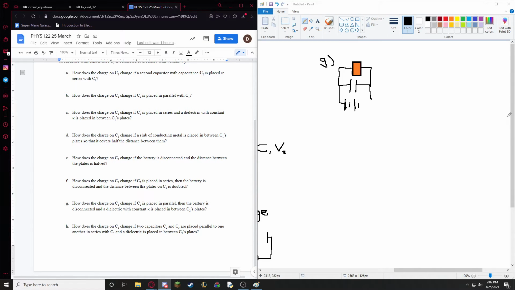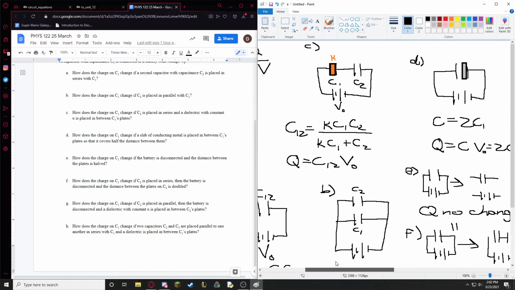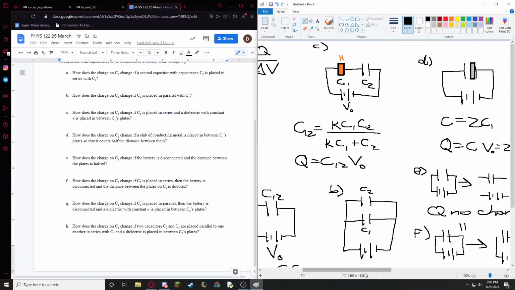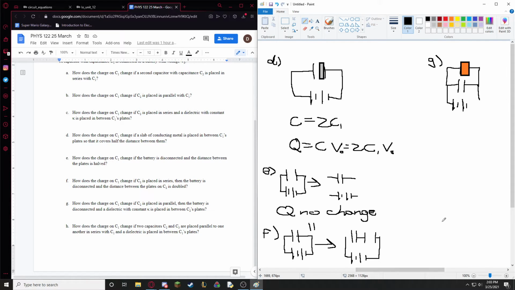For the first step, when we connect C2 in parallel, the voltage drop across C1 doesn't change because for each loop, our voltage drop is the same. And our charge is just our capacitance times the voltage drop. Because the voltage drop doesn't change, there is no change in charge.